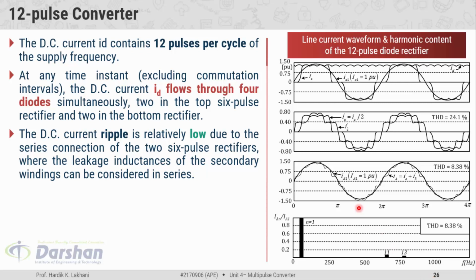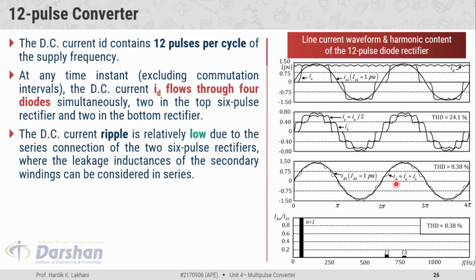In the waveform shown here, IA represents the line current of the first secondary winding, and IA bar represents the line current for the second secondary winding. When these two currents are referred to the primary side, we get IA.